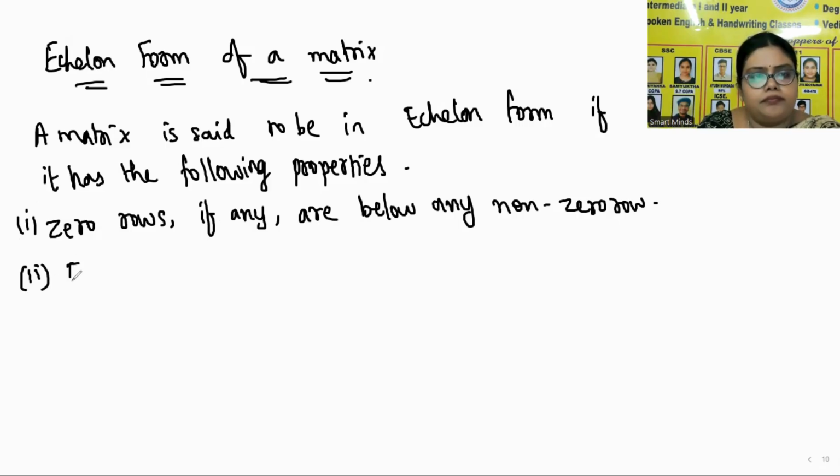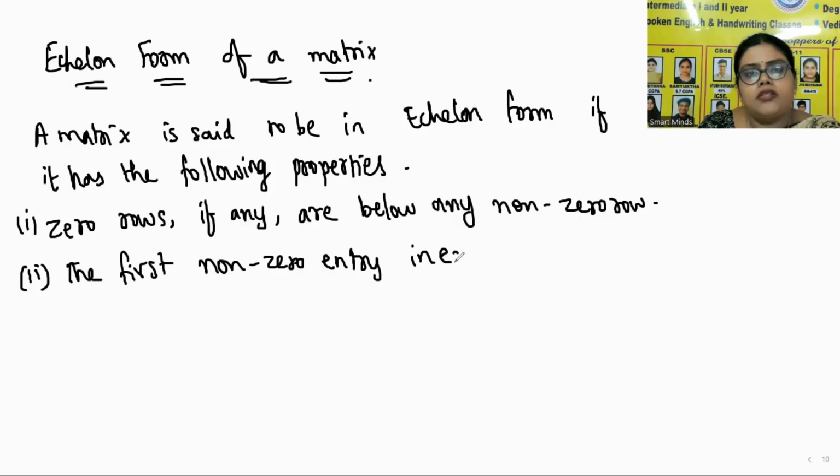Number 2, the first non-zero entry in each non-zero row is equal to 1.